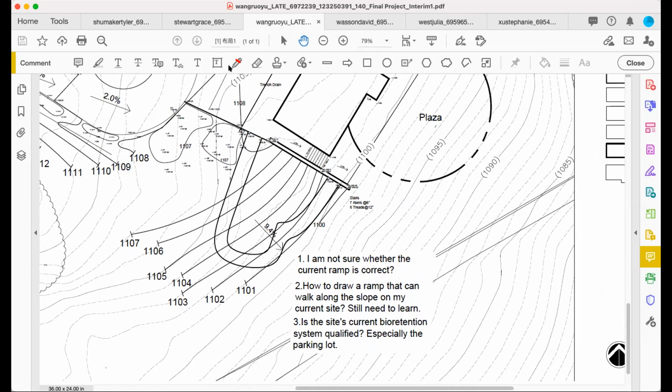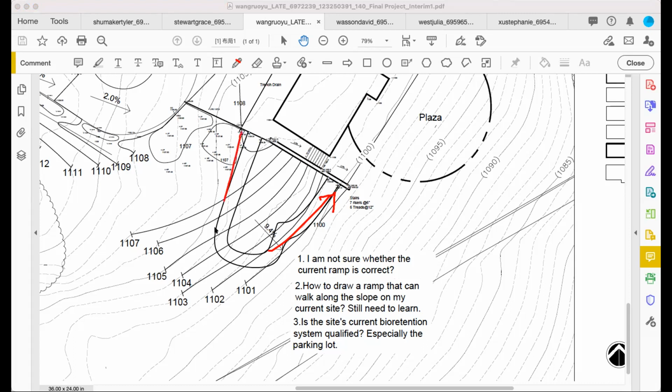But if my ramp is parallel to my contours, there's no existing slope that will enable me to go down, which means I will run into difficulty trying to create that slope along the ramp, right?